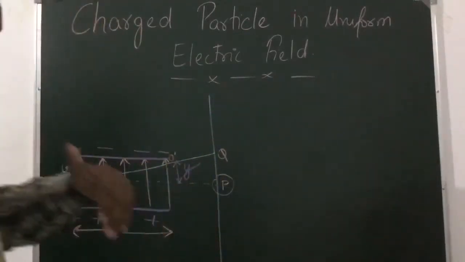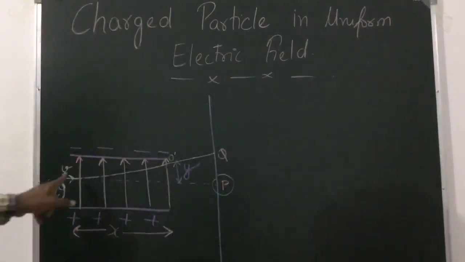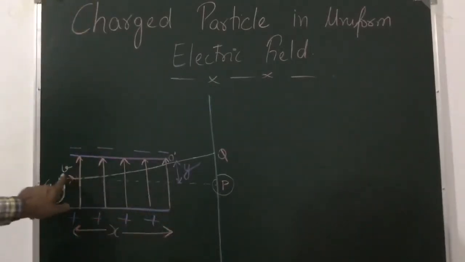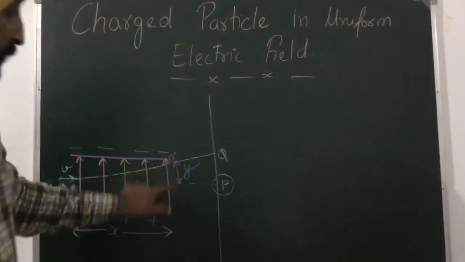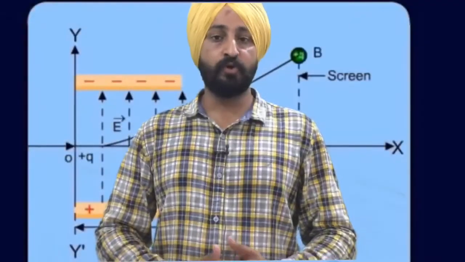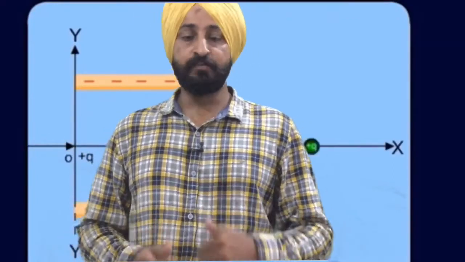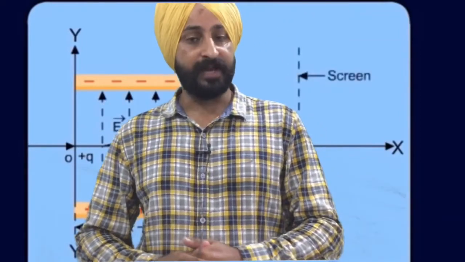So it will be following a curved path only when it is inside the electric field. That is, from this point, we can say this point is O, till this point, which is O dash. And after O dash, this particle will follow a straight line. To make the concept more clear, as you can see in the animation behind me, when a charged particle is moving in the absence of electric field, it is moving undeflected.